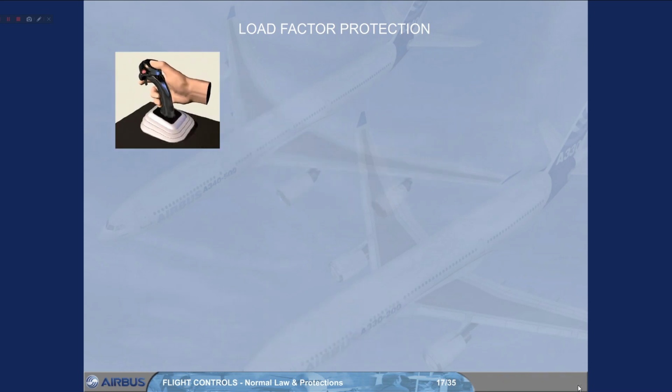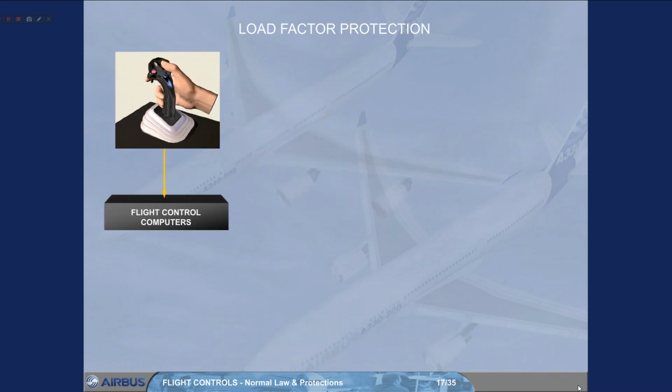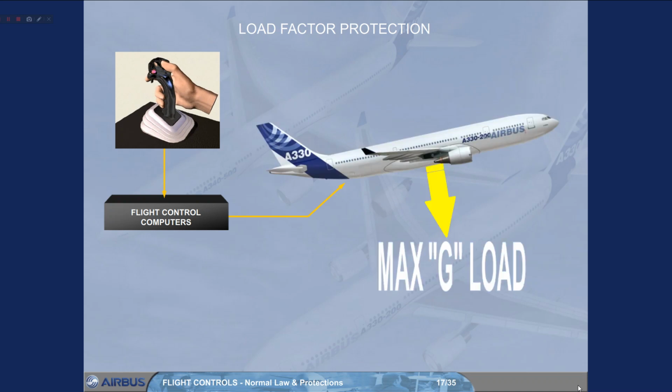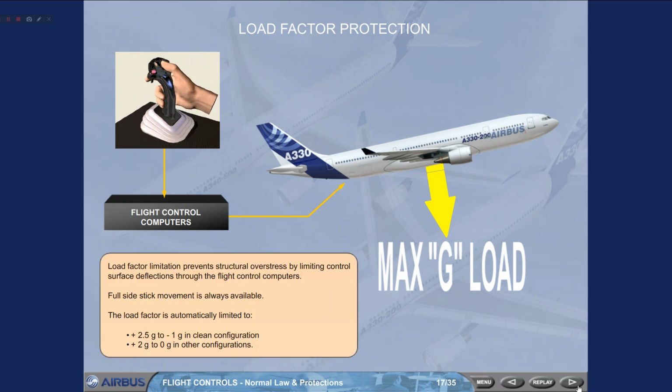Load factor limitation prevents structural overstress by limiting control surface deflections through the flight control computers. Full side stick movement is always available. The load factor is automatically limited to plus 2.5 G to minus 1 G in clean configuration, and plus 2 G to 0 G in other configurations.